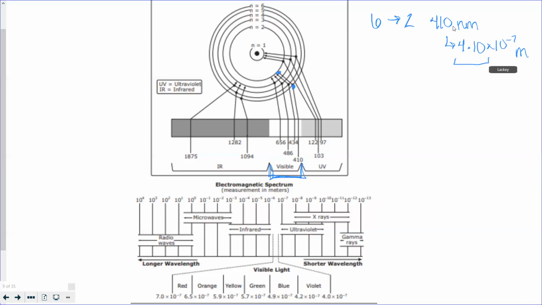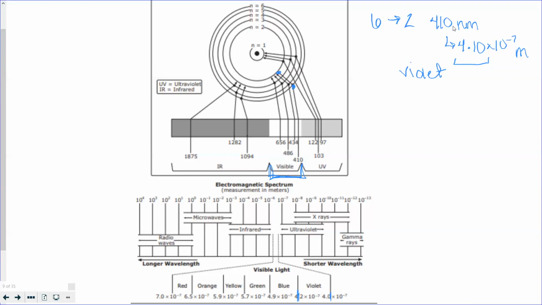If you look at our spectrum down below of visible light, the part that is split down at the bottom, 4.10 is going to fall between 4.0 and 4.2. So this will end up being violet light. That one transition will produce violet light.